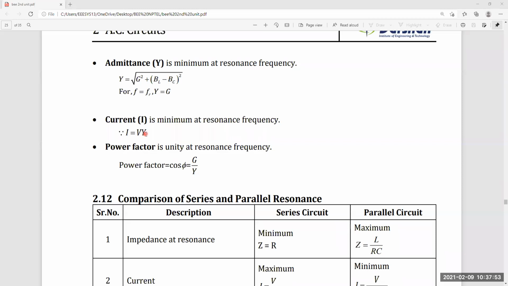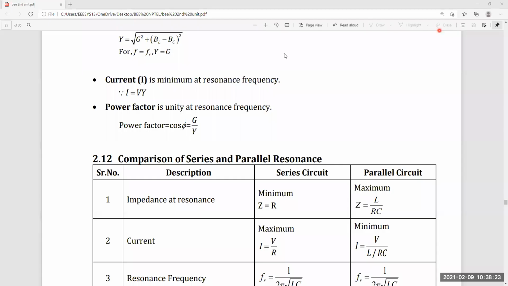Y is minimum, that's why I is equal to V into Y is minimum at resonance frequency. Power factor is unity at resonance frequency.